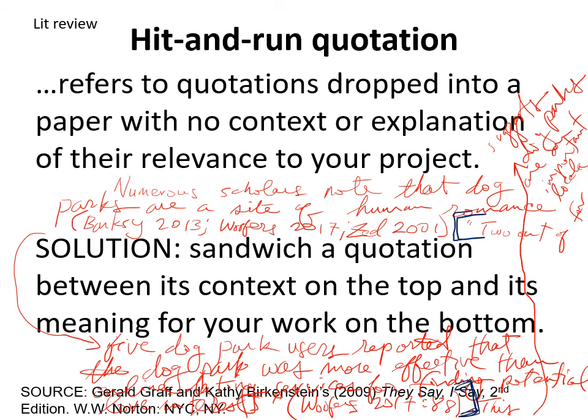It's sandwiched in there, so you've got a bit about context before. It's being used to illustrate that context, and then you go on to explain after that how it's relevant or useful for your own research. So that is the solution to avoiding hit and run quotations.